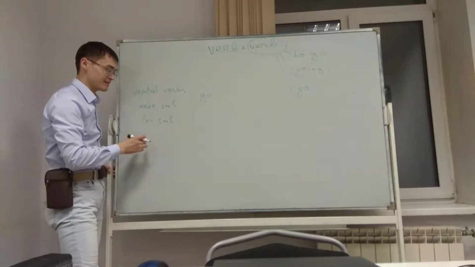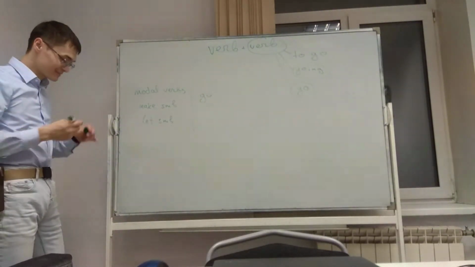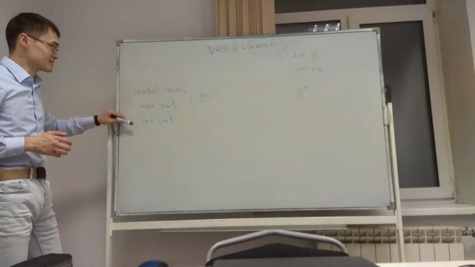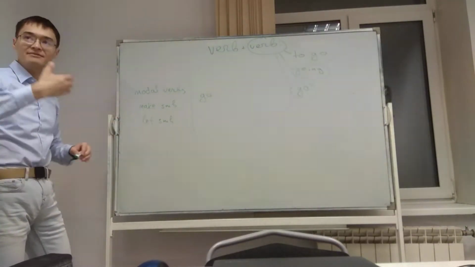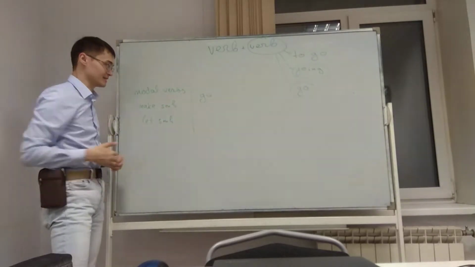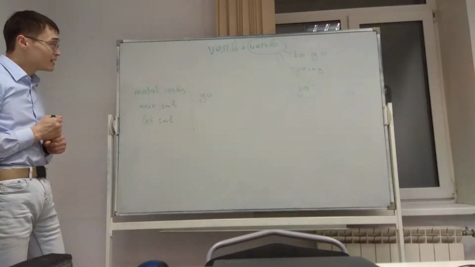For example, my father lets me smoke in the house. So these categories of verbs, modal verbs, the verb make and the verb let, after them we use what infinitive? Bare infinitive. Exactly. So this is one more thing you have to remember.